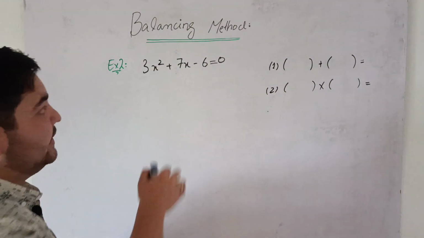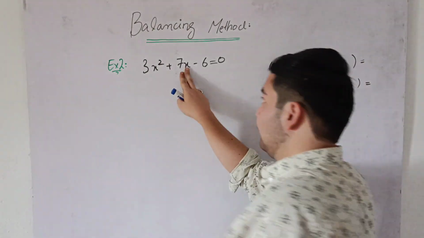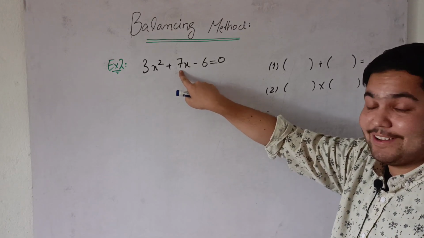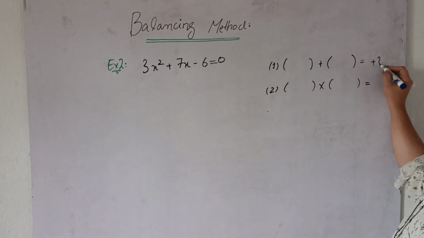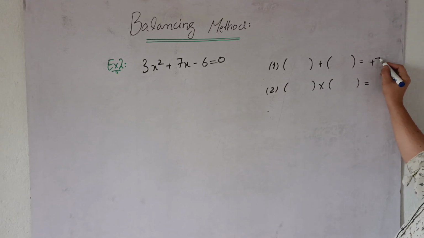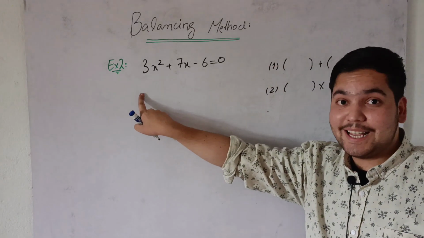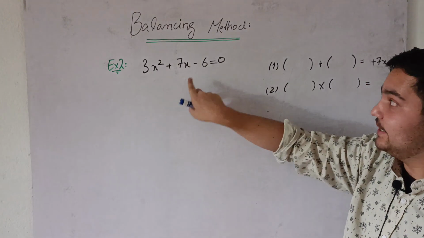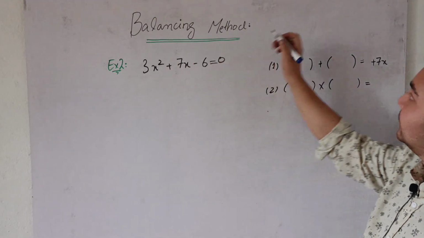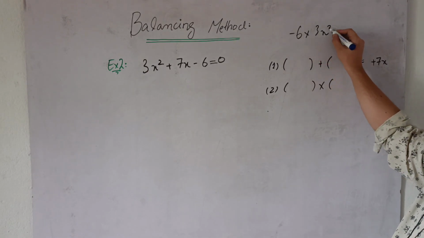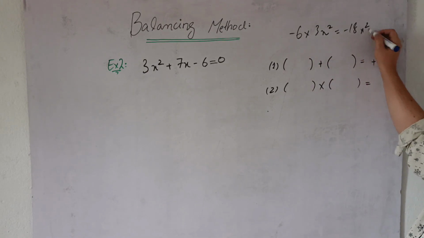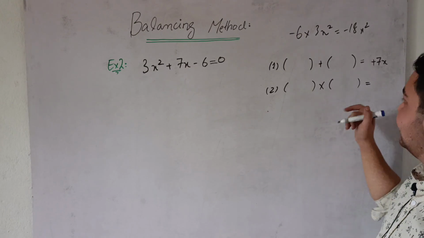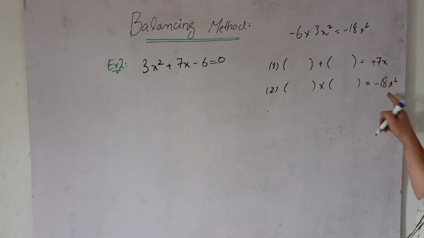After splitting this term into two terms, adding them must give plus 7x. The second condition is that multiplying them must give the product of minus 6 and 3x square, which is minus 18x square.